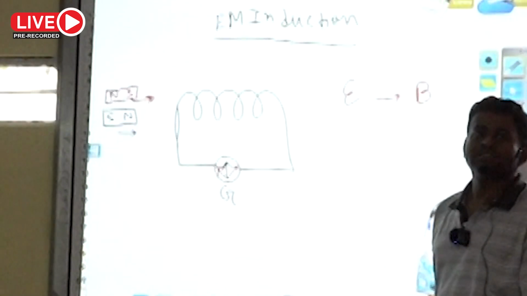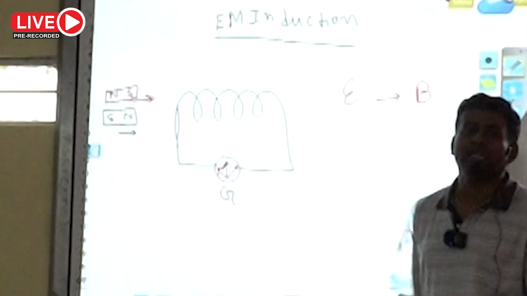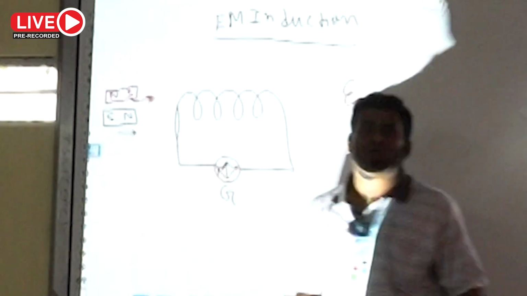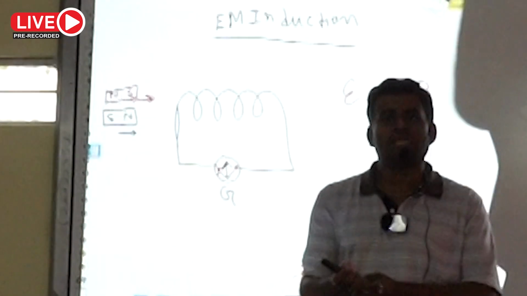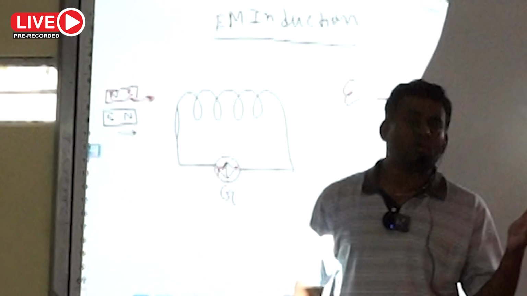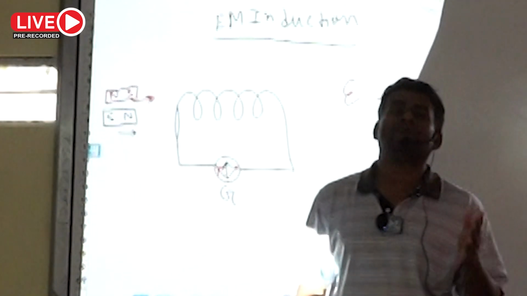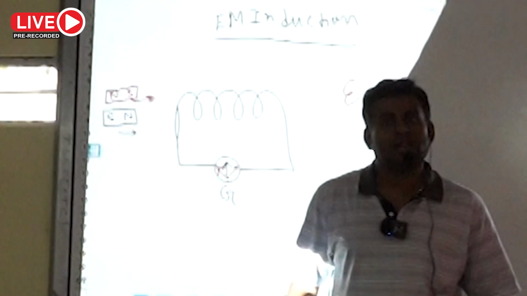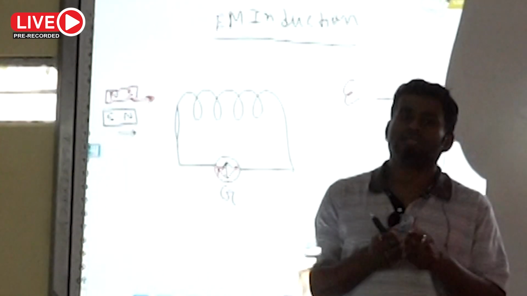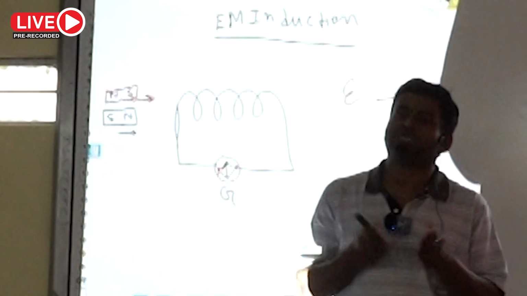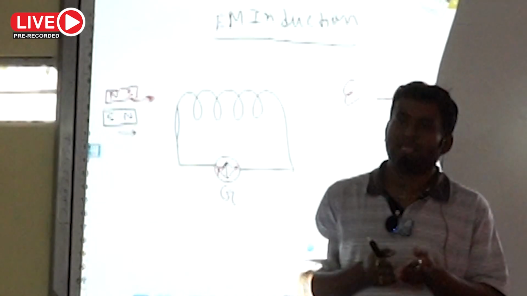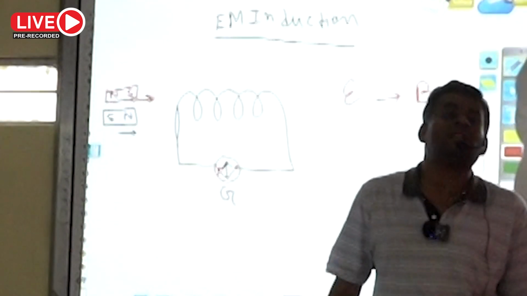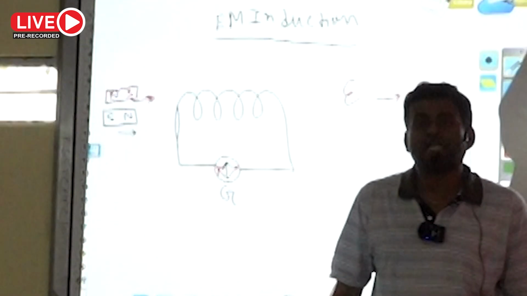Pole going away means the magnetic field associated with the coil will decrease. Because from these poles you can consider field lines are coming. So as the pole comes closer, more and more field lines are passing through the coil. That means the number of field lines associated with the coil will increase. And when it is going away, the number of field lines associated with the coil will decrease, and that induces the current.